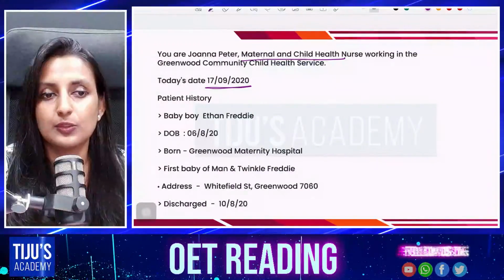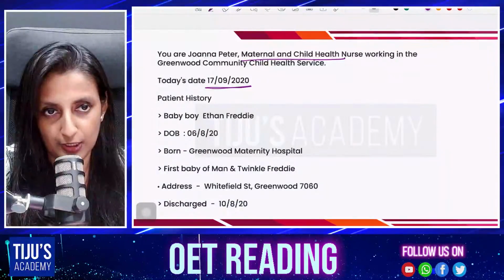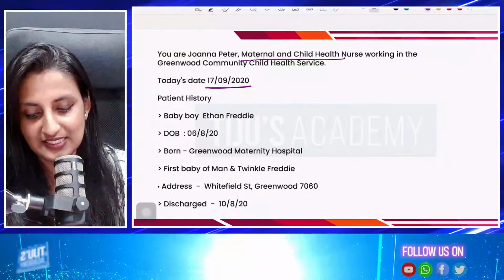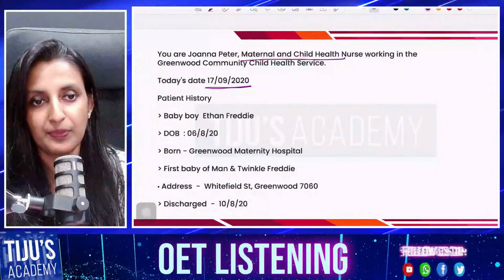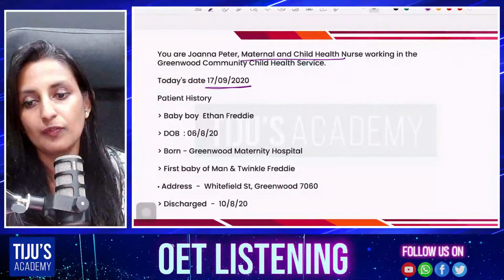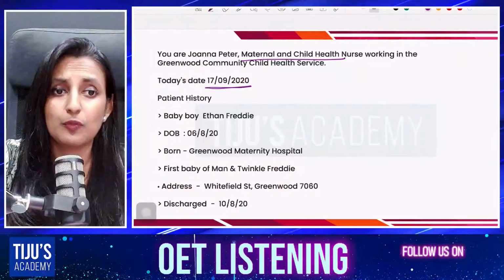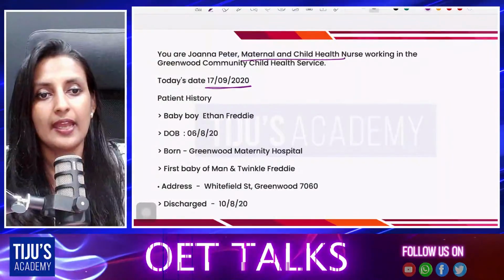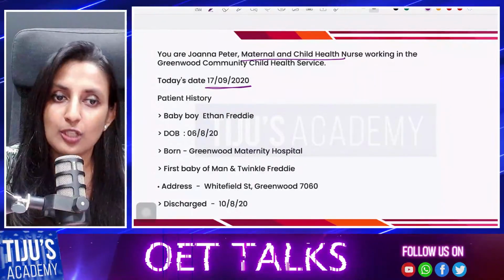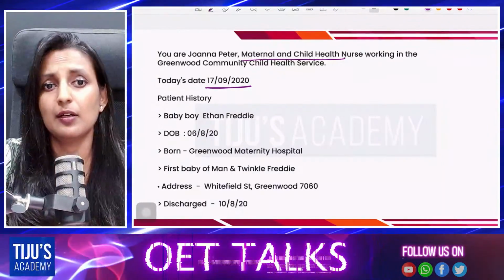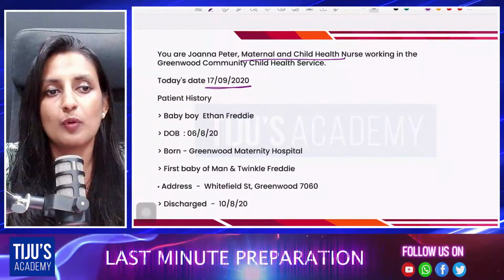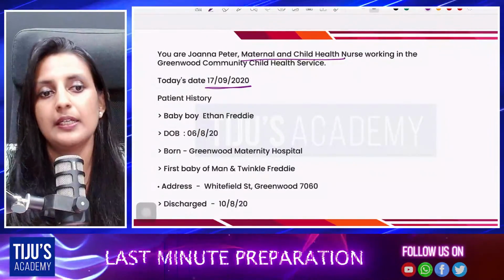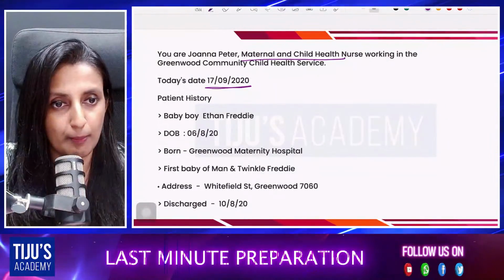Today's date is 17th September 2020. So this baby is hardly 2 months, about 1.5 months old. Born in August and today's date is in September, so it is slightly over 1 month. He is a baby of only about 1 month of age.